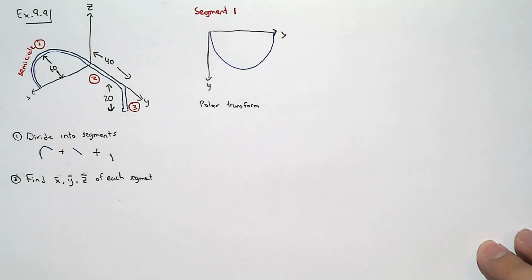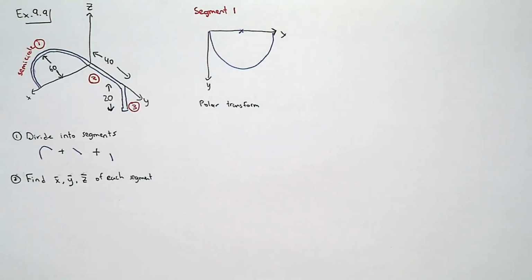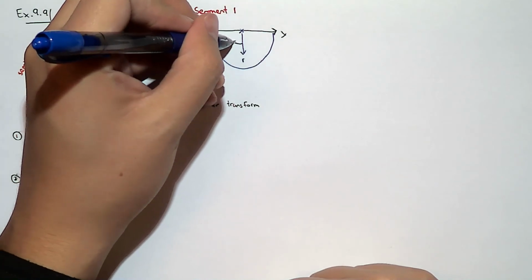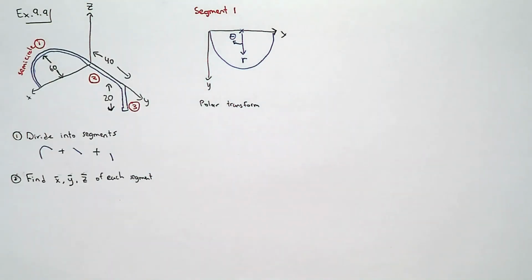Now here, it's a little bit more complicated. I don't want you to think that it's so easy. Our center of rotation is not at the origin, so we may need to do a bit of extra work to find the relationship between x and my polar coordinates. But as a recap, polar coordinates have a radius term and a rotation or theta term.